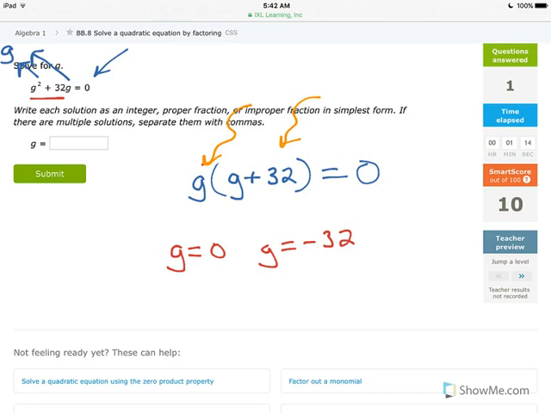Negative 32 plus 32 would make 0, so g itself needs to be negative 32 to make that set of parentheses be 0. So your two answers are 0, comma, negative 32.